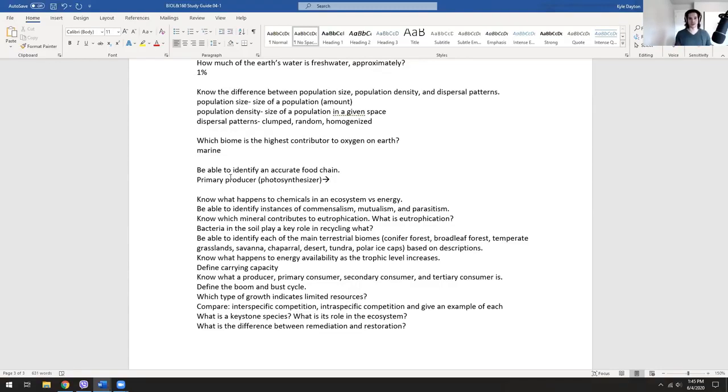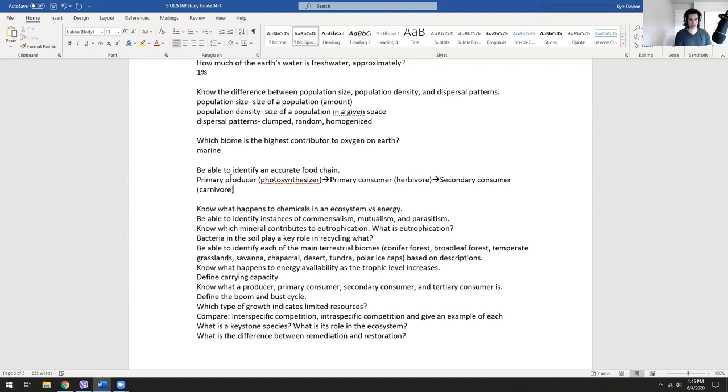That's what yields the food for everything after that. After that we have primary consumer. So I'll just write herbivore, or omnivore. And then after that we'll have our secondary consumer. So in the simplest sense, that would be a food chain.